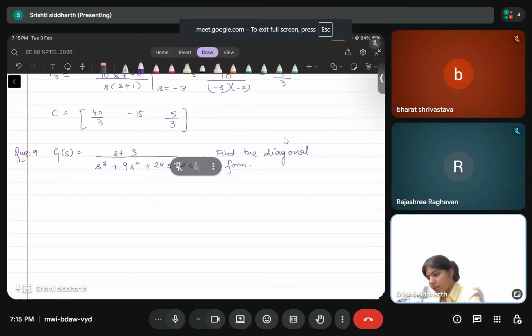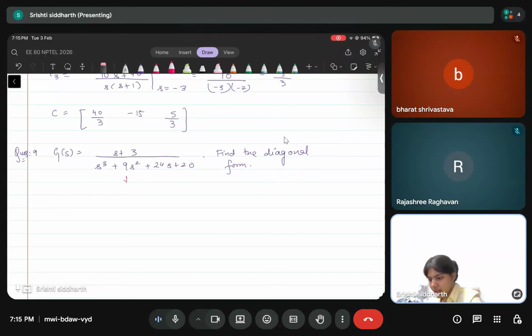Alright. So first observation is that this is strictly proper. B0 is 0, right? So this means that D would be 0. You already know that B is going to be 1, 1, 1.